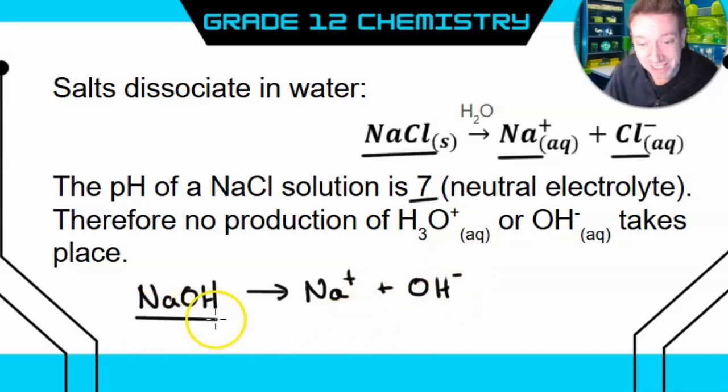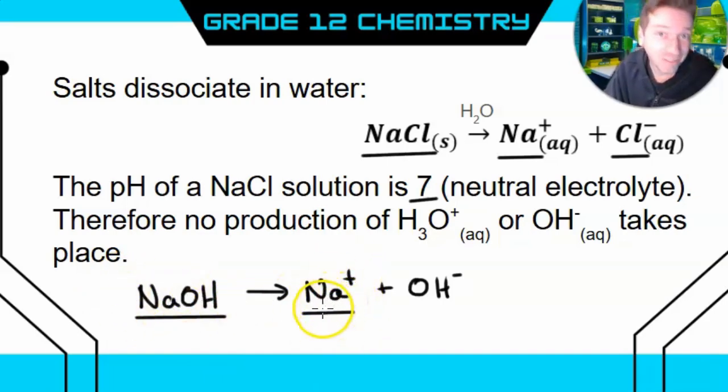However, because this dissociates to completion due to being an extremely strong base, sodium is inversely proportional to that and is a very weak conjugate acid and will not steal a hydrogen or a proton from any water molecule. So it does nothing really.